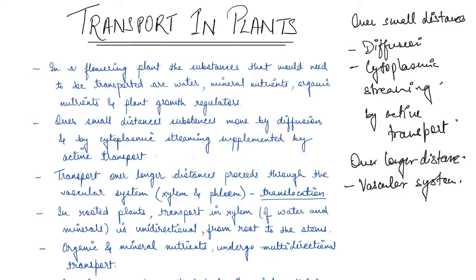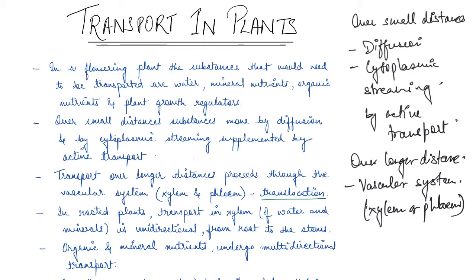And what is the vascular system present in plants? It is either xylem or phloem, right? Now in rooted plants, transport in xylem is basically unidirectional, which is from roots to the stem, right?